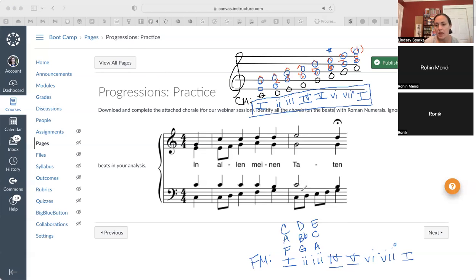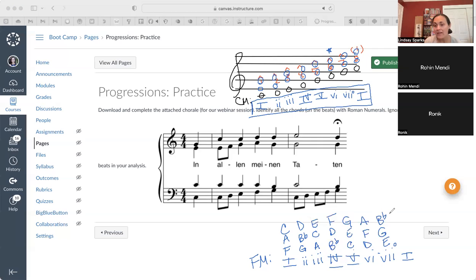Didn't get that one right. This would be B flat, you get the picture, right? C, E, G. D. E natural, which is kind of an interesting little spacing out here.